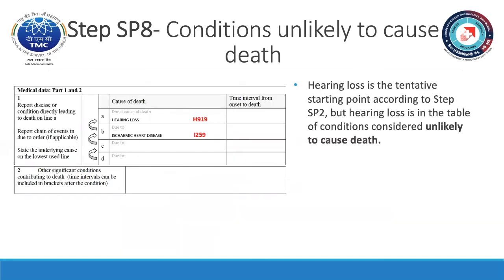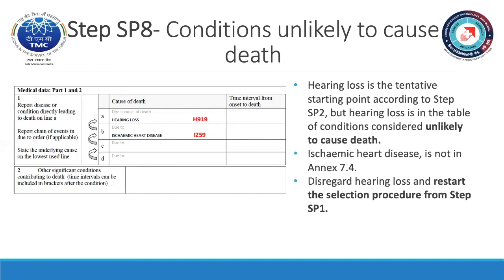In this case, hearing loss is the tentative starting point according to step SP2, but hearing loss is in the table of conditions considered unlikely to cause death. Ischemic heart disease is not in Annex 7.4. Disregard hearing loss and restart the selection procedure from step SP1. Ischemic heart disease is the new starting point.